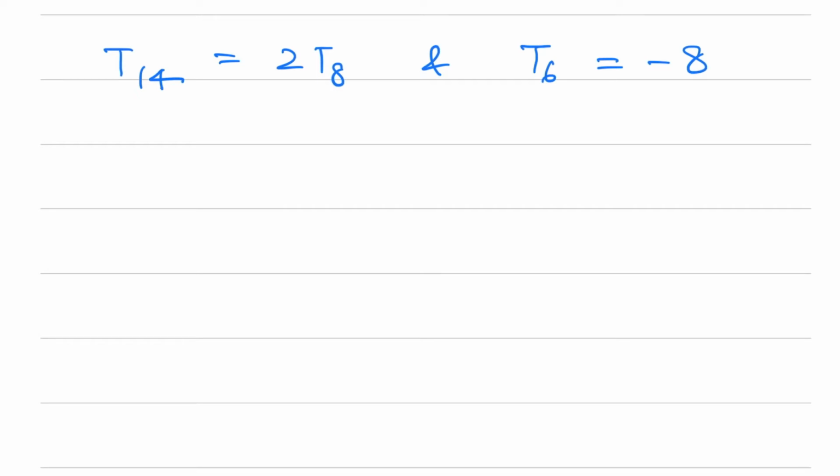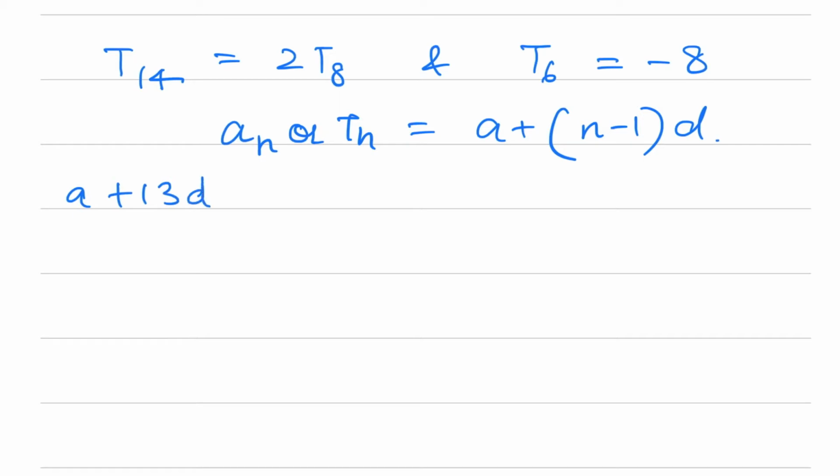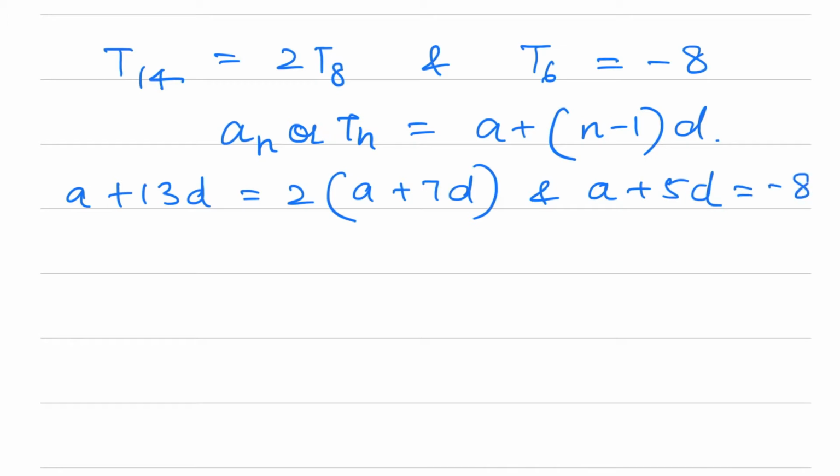We know a_n or T_n is equal to a plus (n minus 1) into d. So let's substitute now. T14 will be a plus 13d, equal to twice T8, which is a plus 7d. And here we have a plus 5d is equal to minus 8.